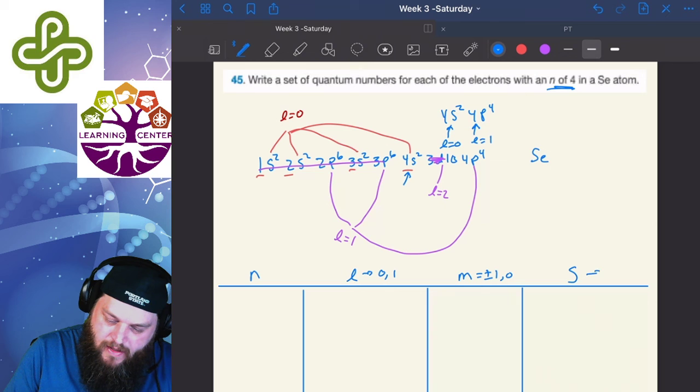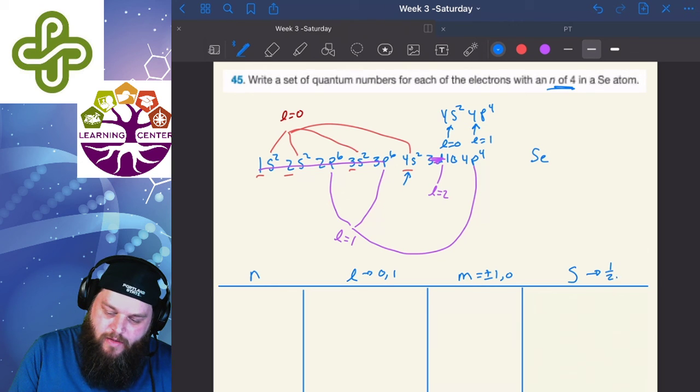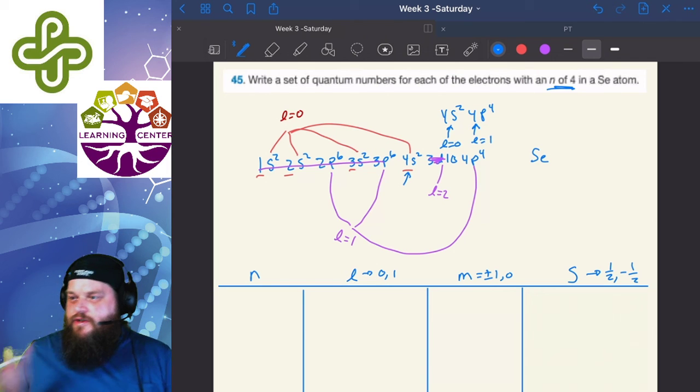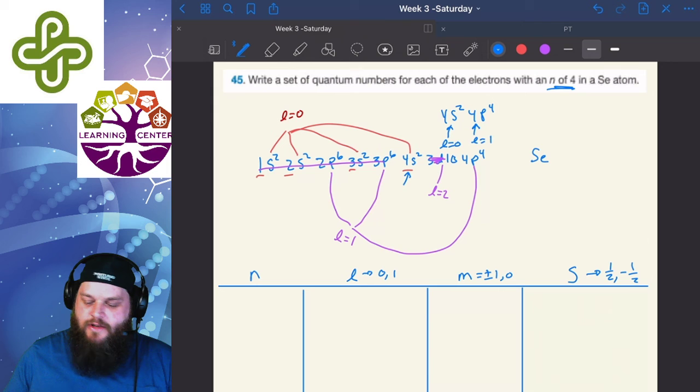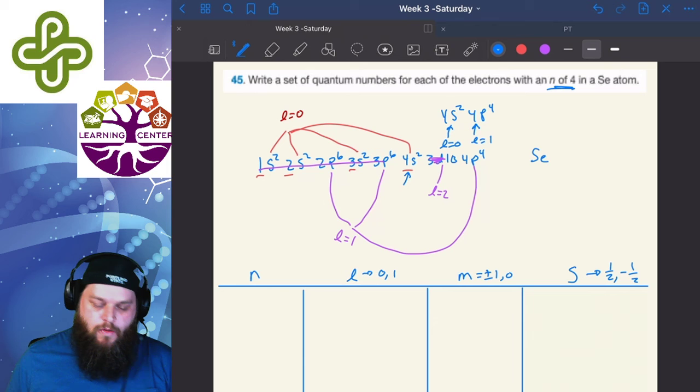S is really the spin of your electrons, which is either a positive 1/2 or a negative 1/2. For each orbital, you can have both an upspin and a downspin, essentially. But they like to spread out. So until all the upspins are filled, you don't get any of the downspins in that orbital.